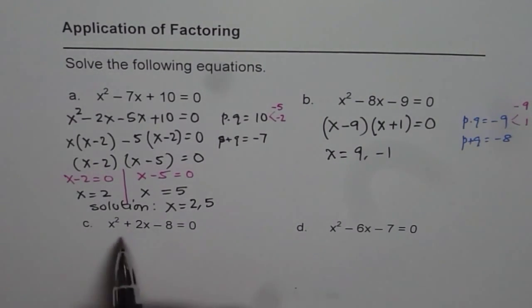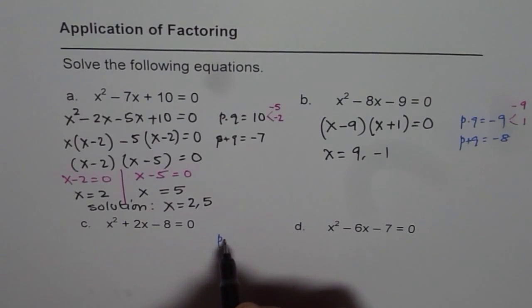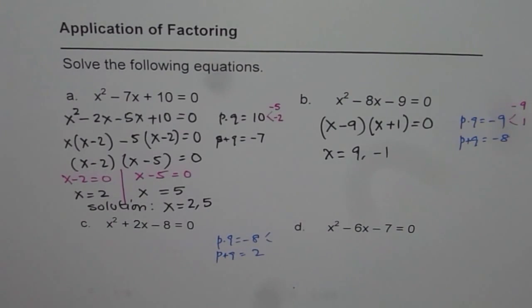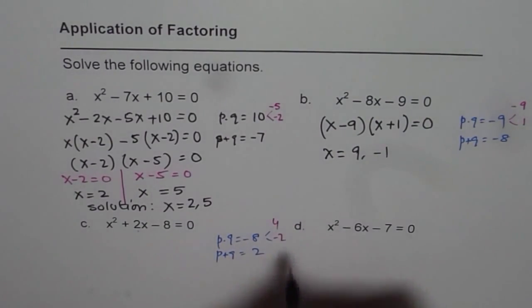Now let's do the other two, right? You can pause the video, copy and solve the questions. Okay, now let's go ahead. We need the product as minus 8 and the sum as plus 2. So the two numbers should be what? Well, 4 times 2, 4 should be positive since we need this, right? And 2 negative.